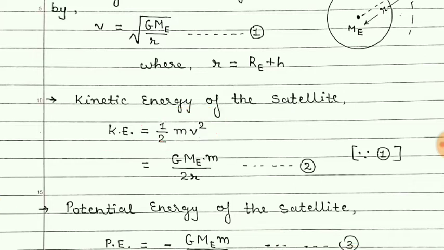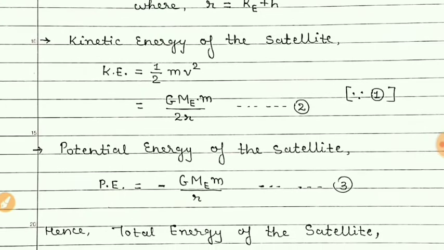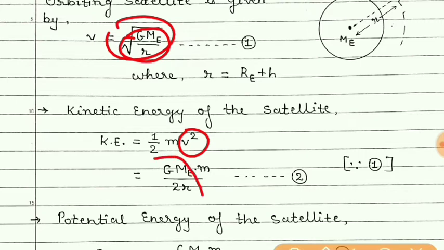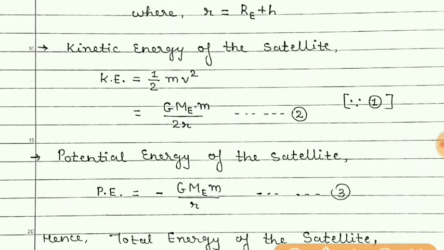So here in place of v, we will put this equation, and as it is square of v, the square root will be removed, so we get GMe upon r, and m is as it is. So this is the kinetic energy of an orbiting satellite.